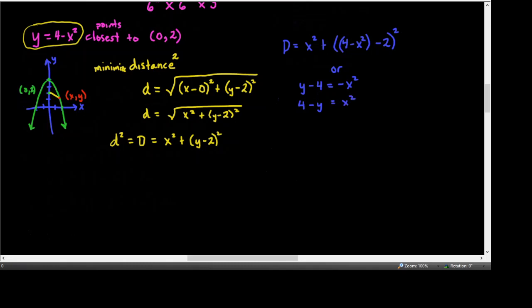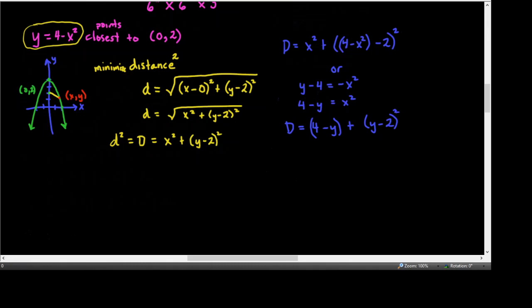And then substitute for x squared into the D equation, and that's going to be 4 minus y, replacing x squared. Notice I didn't need to solve for x, plus y minus 2, quantity squared.